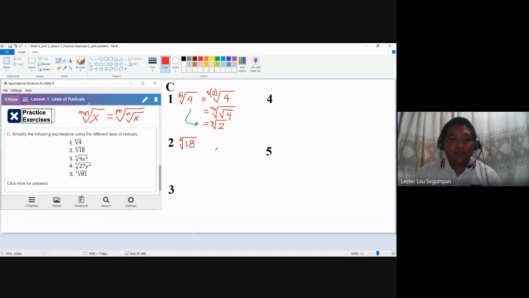But 18 has a factor which is a perfect square. In short, we could write the fourth root as 2 times 2, and then you have here the square root of 18.